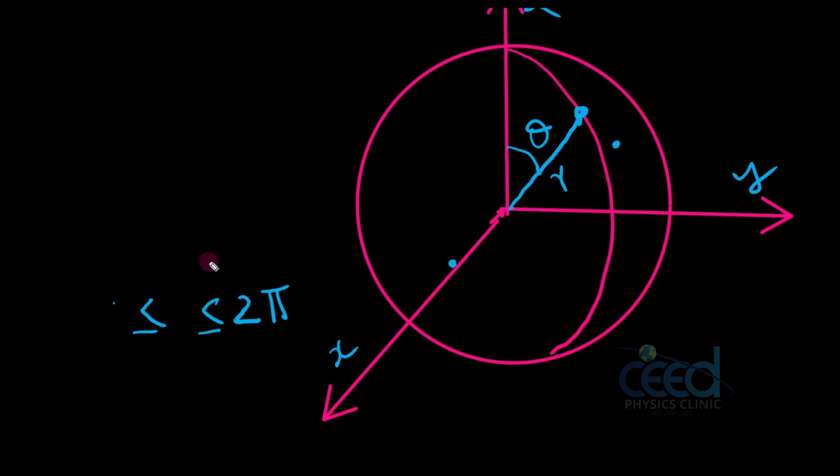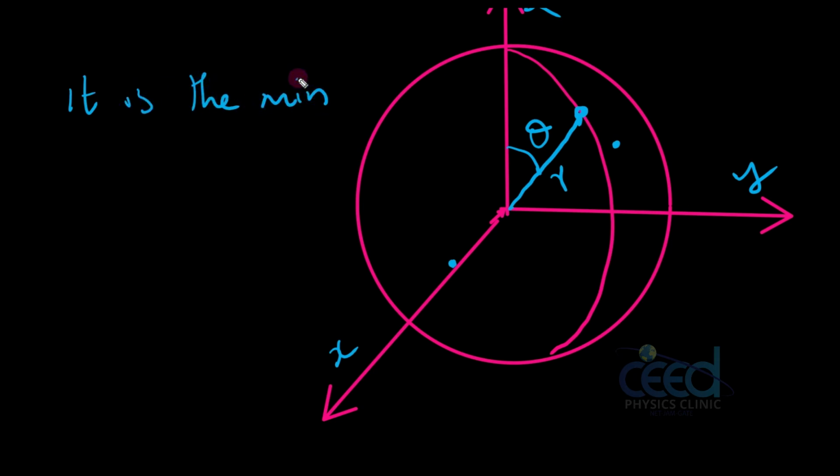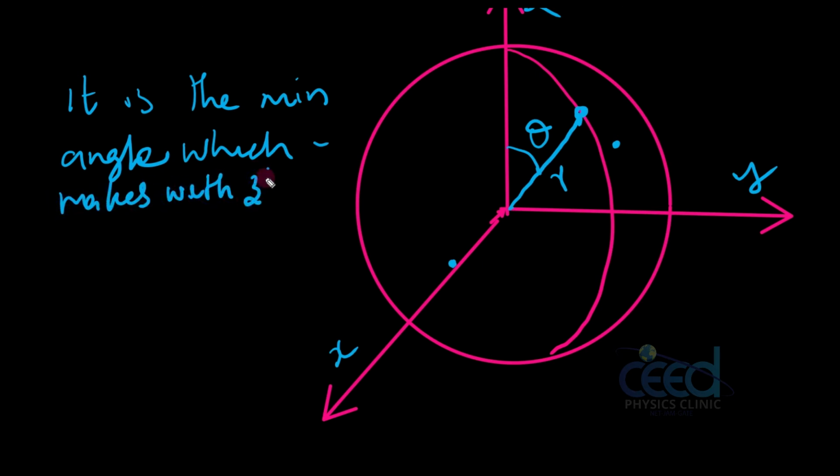It is the minimum angle, that is important. For phi we have taken the maximum angle, right? Theta is the minimum angle which r makes with the z axis.